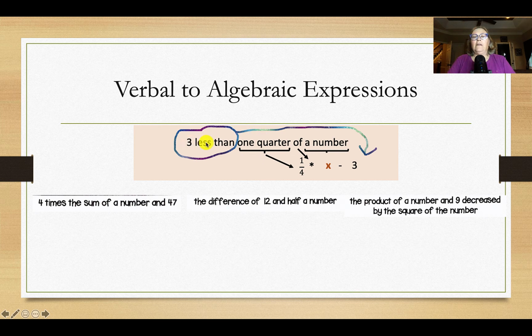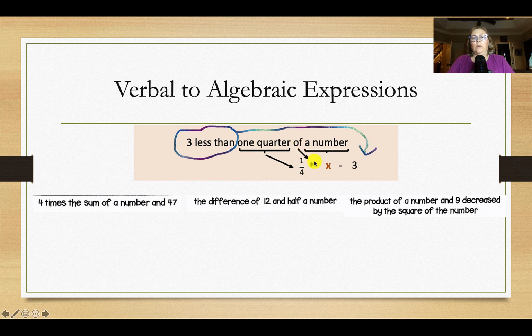So we have 3 less than 1/4 of a number. The 2 things I do right away are usually highlight a number, call that x, and then there are certain words verbally that go directly to math symbols. Of by itself means multiply.